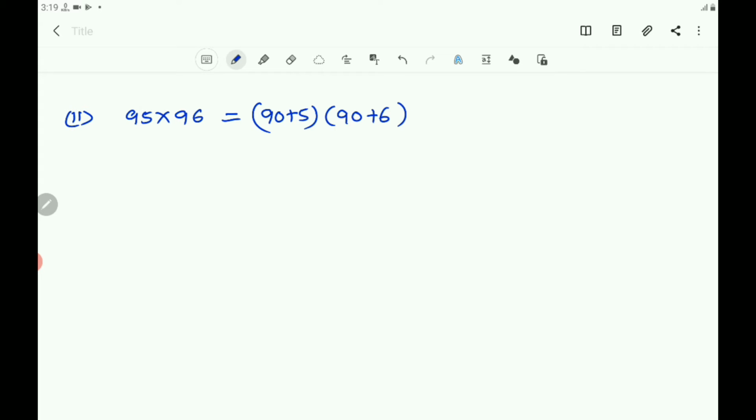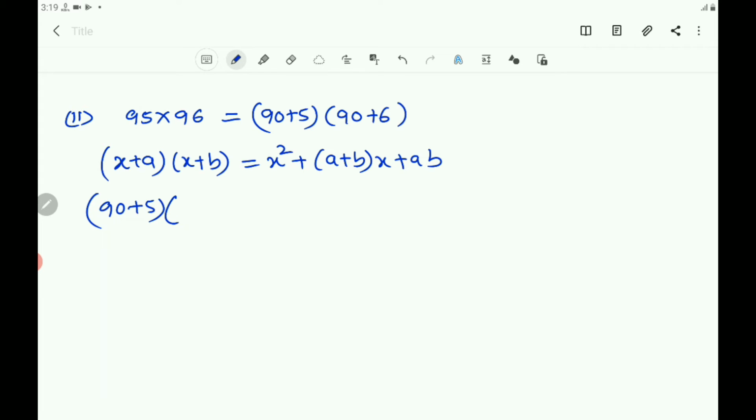Then you write the identity (x plus a) into (x plus b) equals x square plus (a plus b) into x plus ab. Then it is 90 plus 5 into 90 plus 6.